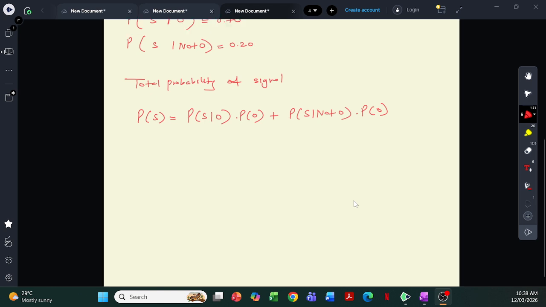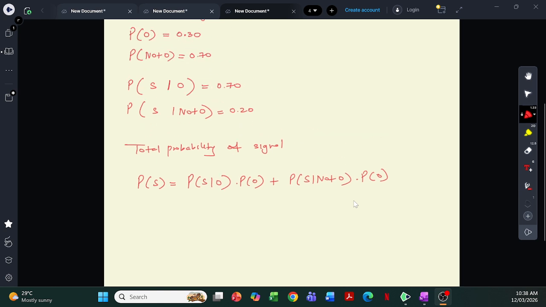So we already have all the variables. So this is 0.7 multiplied by 0.3 plus 0.2 multiplied by 0.7. Okay, so we're now going to add this up. So you can see that that's 0.21 plus 0.14, simply that's 0.35.